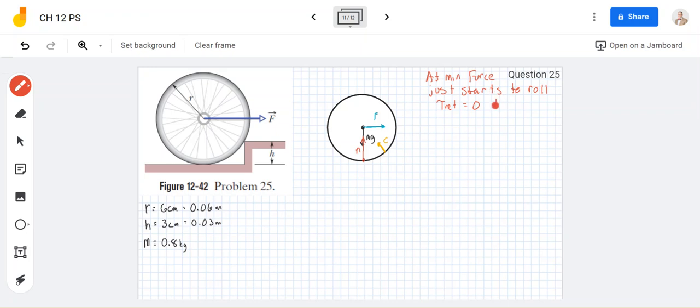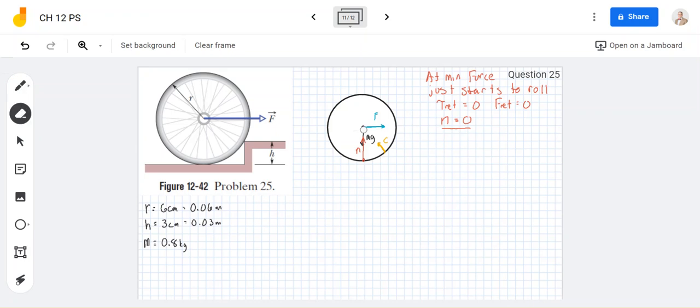The net force is also still equal to 0, which is a weird thing. And this is the one that's important: the normal force goes to 0. So think about that. I'm going to start pulling on it as it just starts to roll over this corner here. It loses contact with the ground, and that's the moment the normal force goes to 0. And that's what we're going to use in our understanding of the problem.